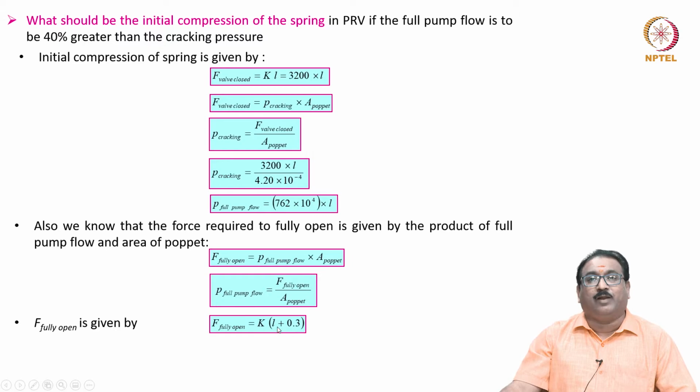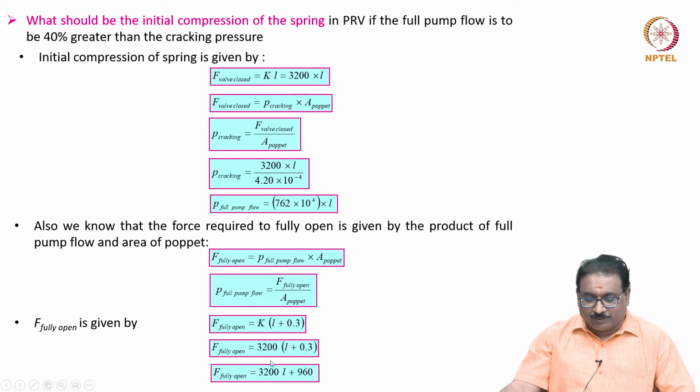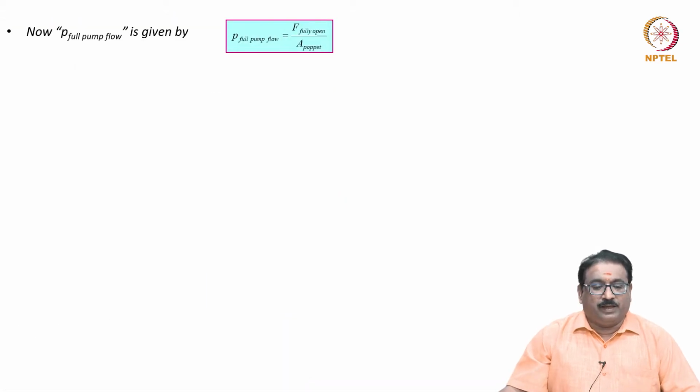We have to find L now. So, F fully open equals K, which is 3200, then I am simplifying this: 3200 into L multiplied by this 960. Okay. Now, the pressure at full pump flow is given by the force F fully open divided by the area of the poppet.